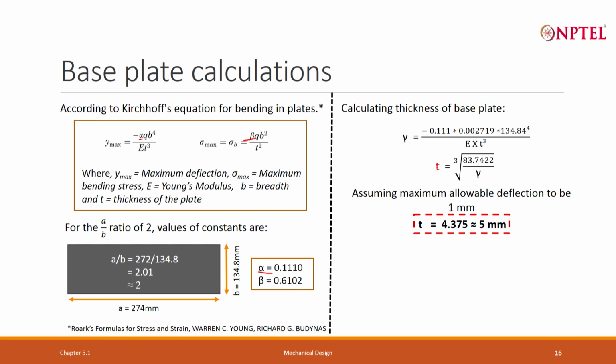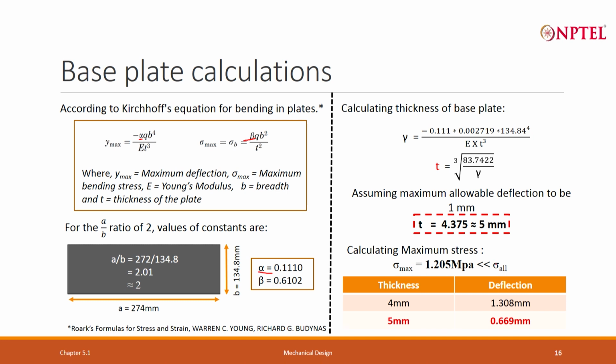My value of t comes approximately 5 mm if I consider 1 mm deflection. The maximum deflection of 1 mm, my thickness t comes 5 mm. Now, once my thickness t comes 5 mm, does it also solve my sigma max problem? That also we have to look upon.